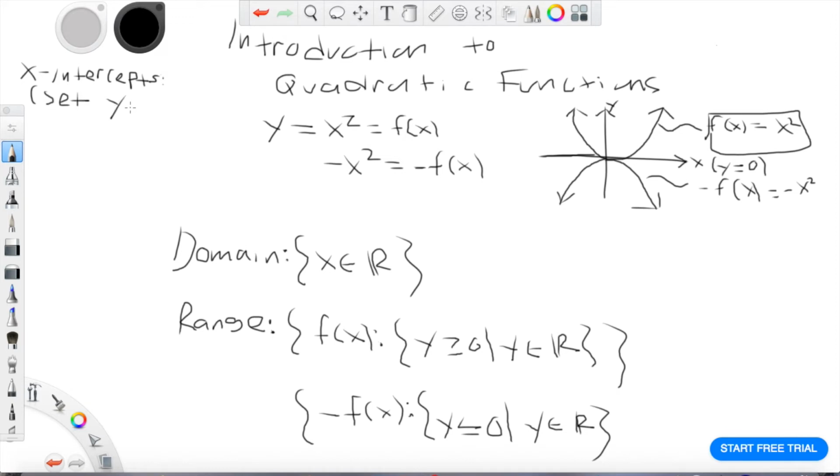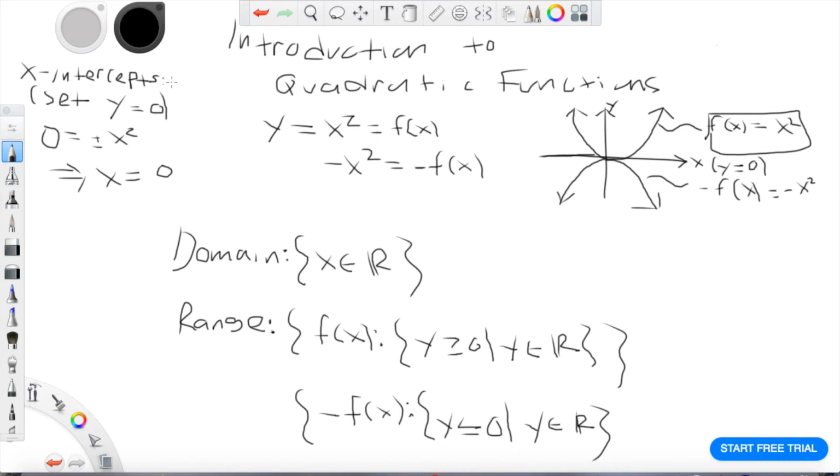And what we have here is 0 is equal to plus or minus x squared. And it doesn't matter in this case because our x-intercept for this case is going to be x is equal to 0. This is our x-intercept.